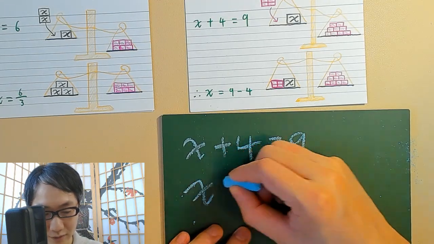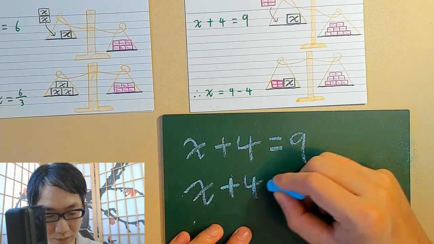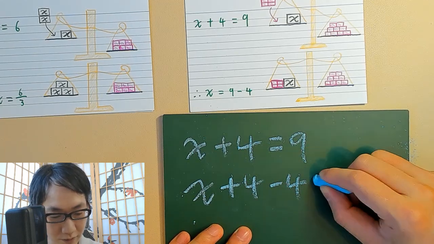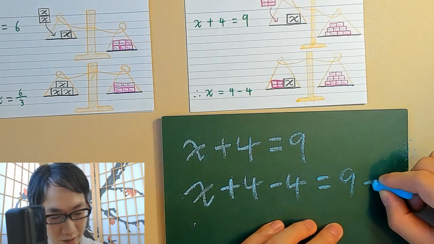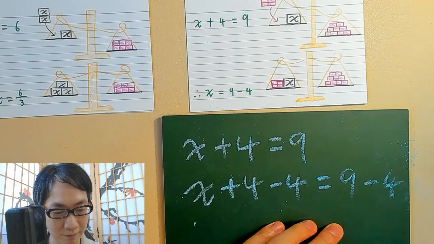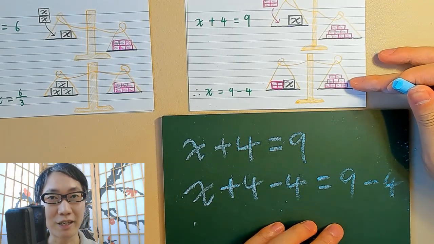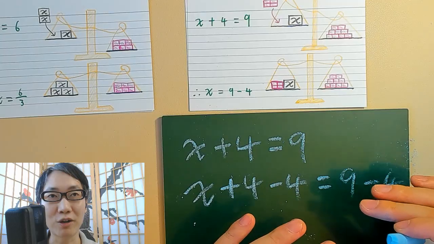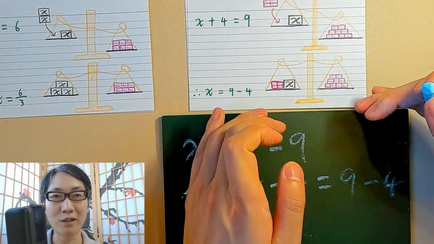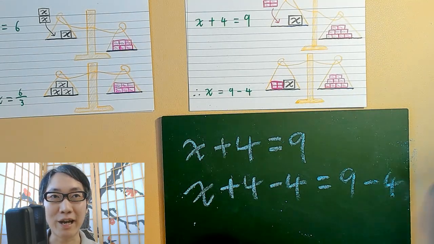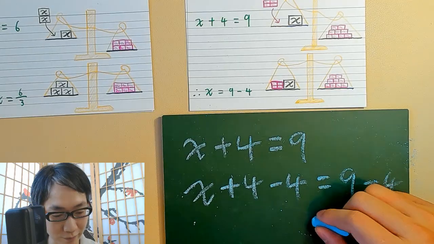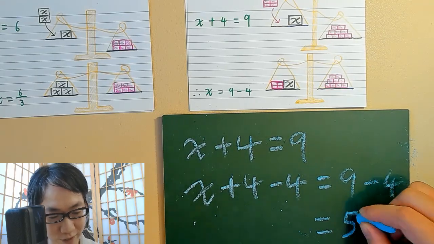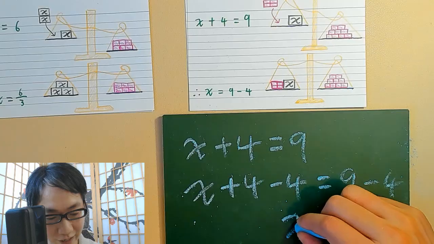So x plus 4 minus 4 is equal to 9 minus 4. Just like we start from here, and then we take 4 blocks away from both sides, then the balance should still be equal, right? And on the right hand side we will have 5 remaining. On the left hand side, we will be left with the unknown x.